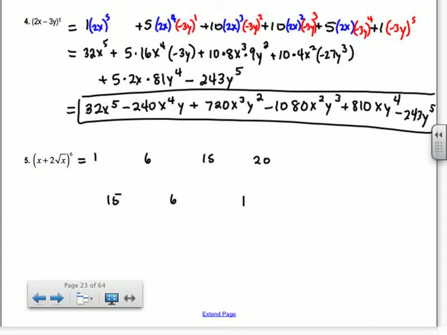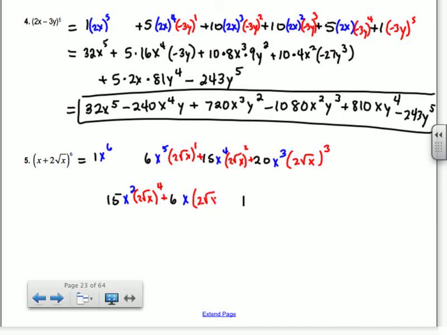Okay, so I have x, so x to the 6th, x to the 5th, x to the 4th, x to the 3rd, x squared, x, no x's. And you have 2 root x, so 2 square root of x to the 1st, 2 square root of x to the 2nd, 2 square root of x to the 3rd, 2 square root of x to the 4th, 2 square root of x to the 5th, and 2 square root of x to the 6th.